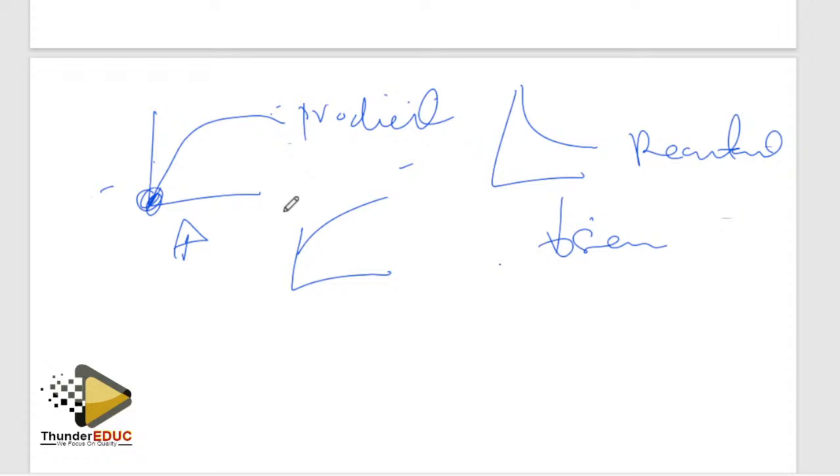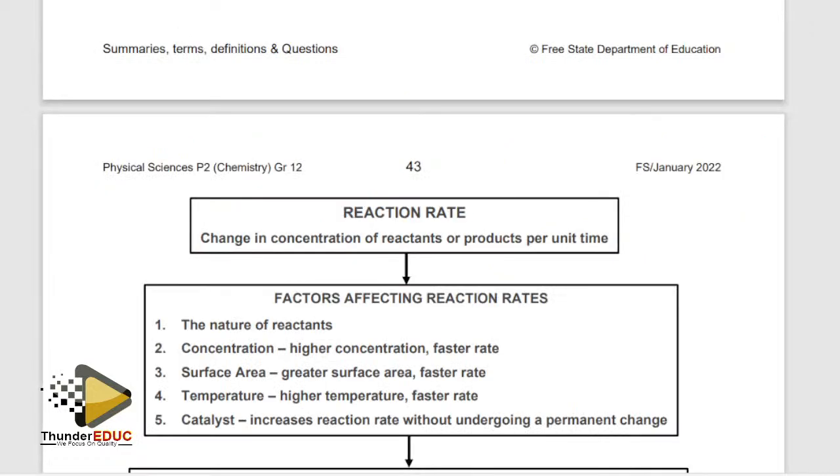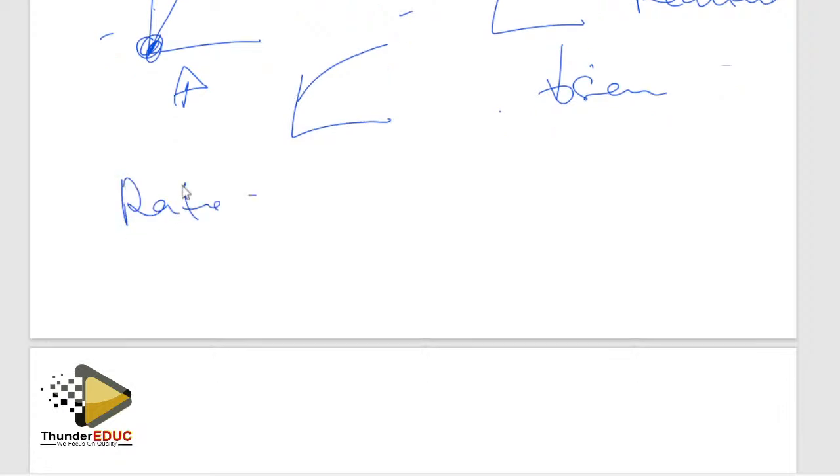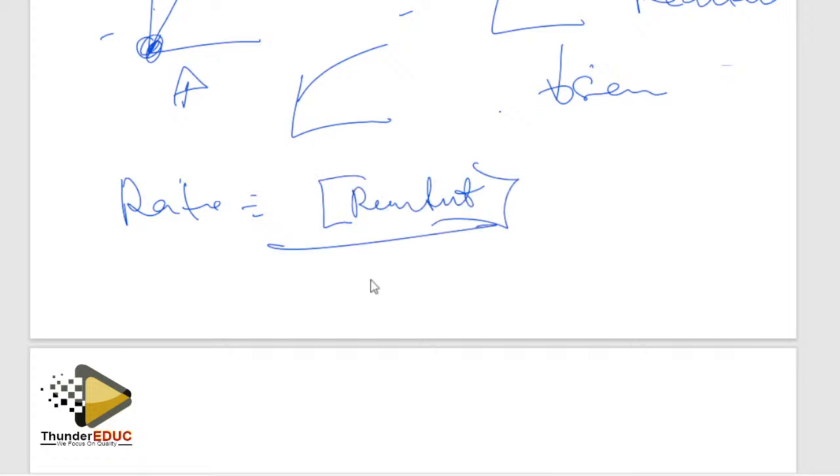That's number one. Number two, rate of reaction. When they ask you to define the rate of reaction, what does it mean? It is the change in the concentration of the reactant over a specific period of time, per unit time. So you talk about time.